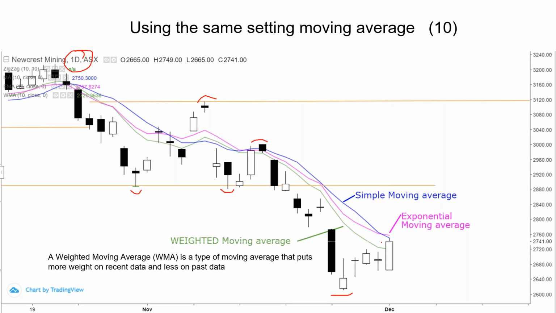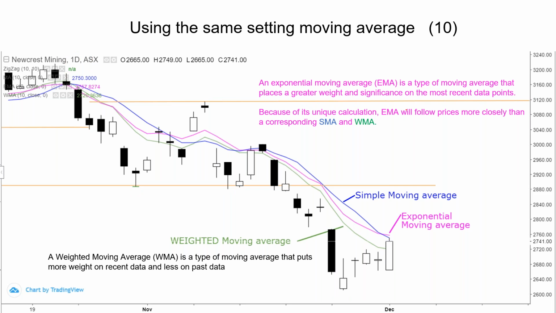So they react differently to the price. An exponential moving average is a type of moving average that gives greater weight and significance to the most recent data points.